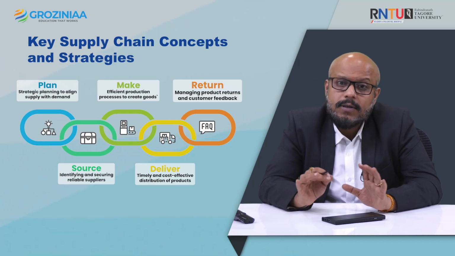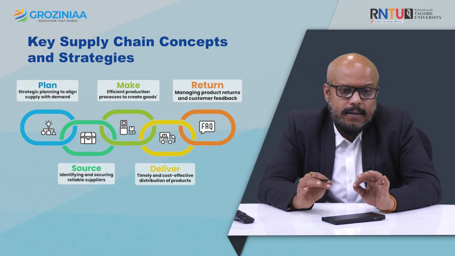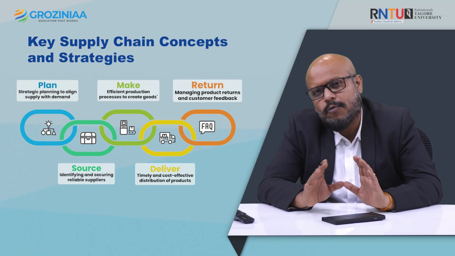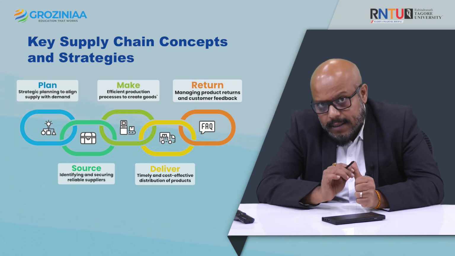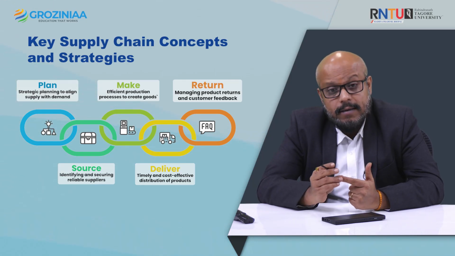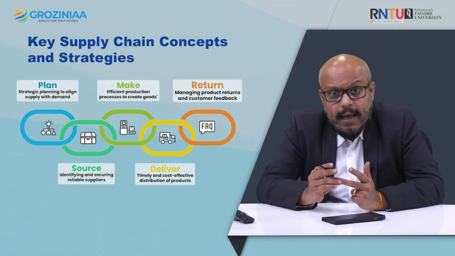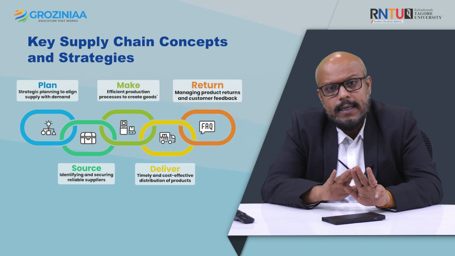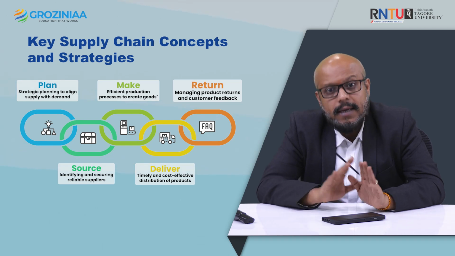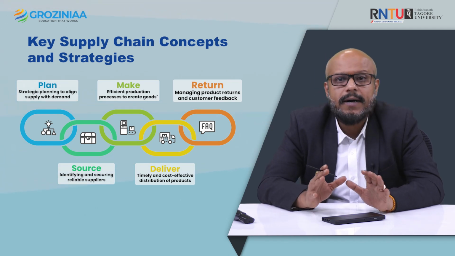Okay. And how will this happen? This will happen by following simple 3 to 4 steps. One is delivering the right product at the right quality, at the right time, and of course at the right price. If a company does all these 4 things, then they will generate profit.